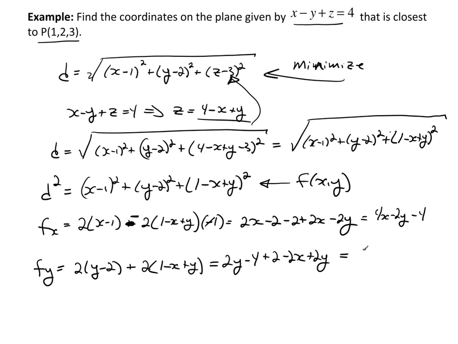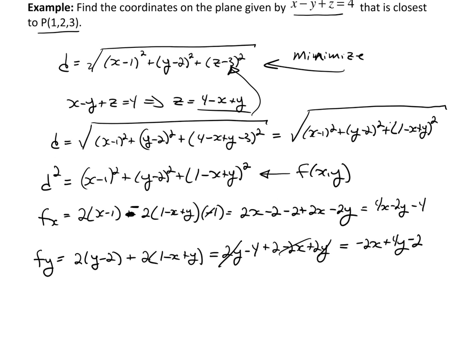Let's collect like terms. I'll put my x first: negative 2x, plus 4y minus 2. I also need to set that equal to 0. The way I'm going to do that is to solve the system.